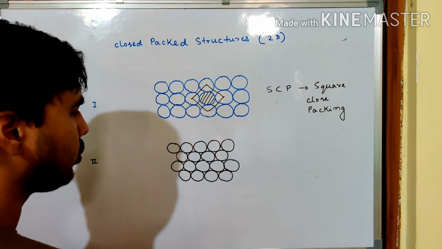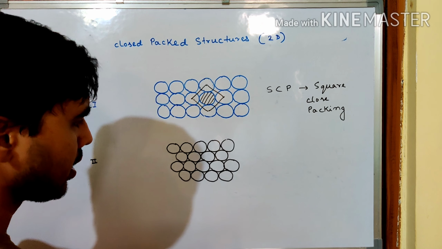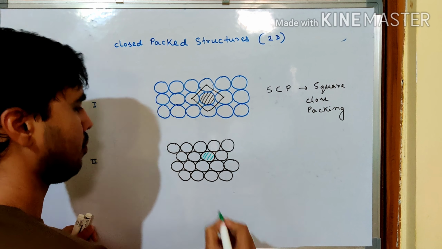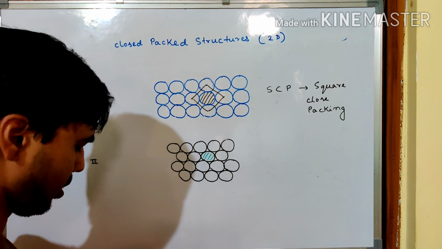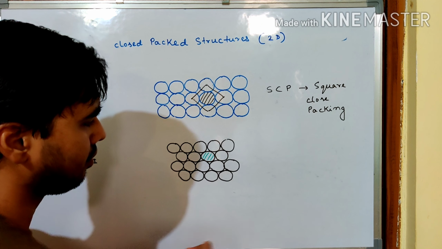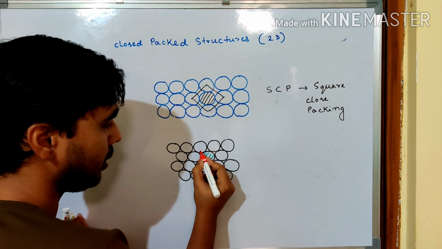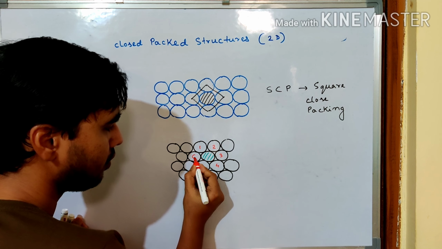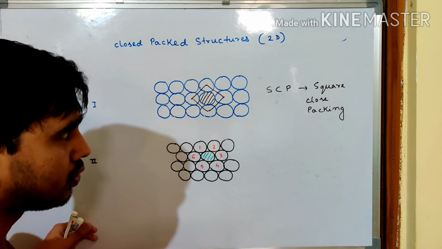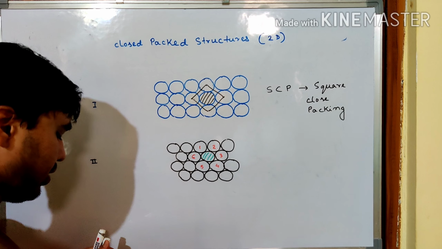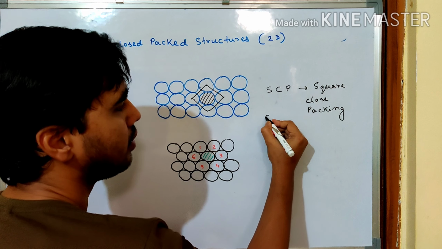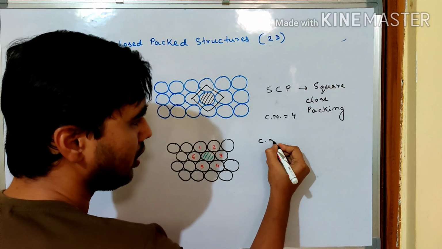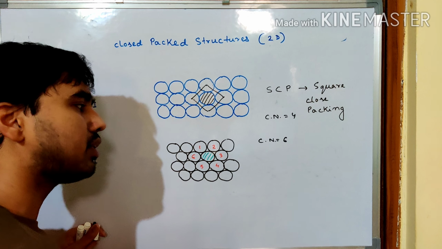Similarly, in arrangement 2, if you choose any one, suppose I choose this one, and figure out how many atoms are surrounding it, directly in contact with this, it will be 1, 2, 3, 4, 5, 6. I hope it is clear. In the first case, I forgot to mention the coordination number should be 4, and in this case the coordination number is 6 because 6 atoms are attached.